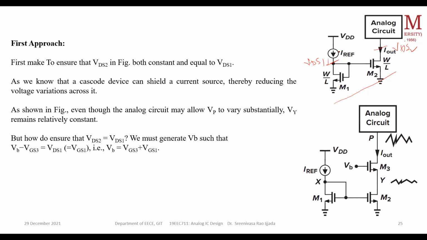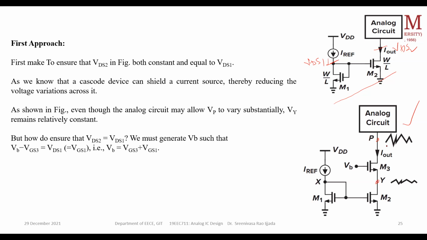So in the picture, even though the analog circuit may allow Vp, the potential developed because of this analog circuit, to vary substantially, Vy, the voltage at this point, remains relatively constant.